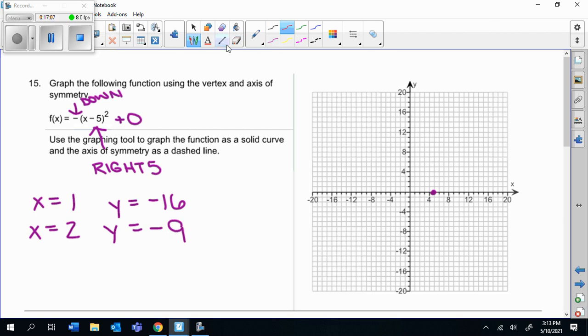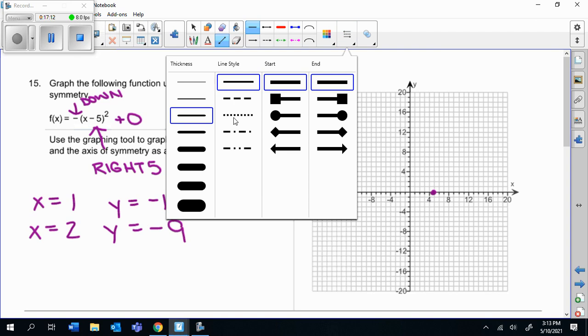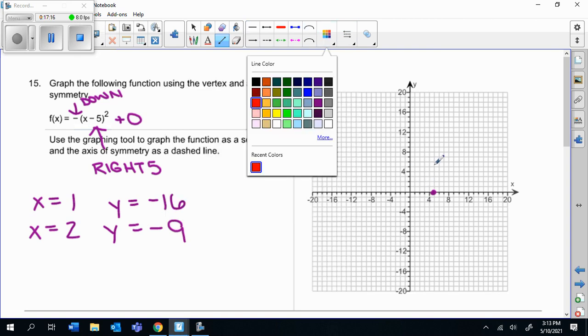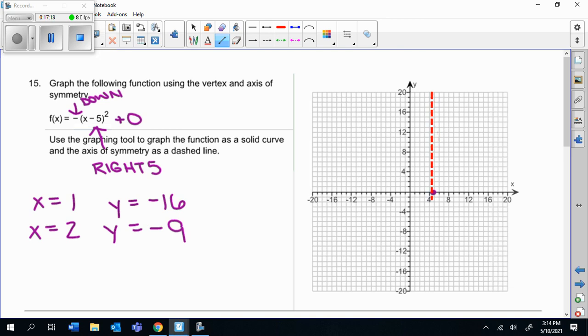So if you think about your axis of symmetry, let's see if I can get something really thin here going in the right spot. I might miss it. Close enough. Okay, if my axis of symmetry is right there, and when x is 1, y is negative 16, this is 1, 2, 3, 4 spaces away from that red line.